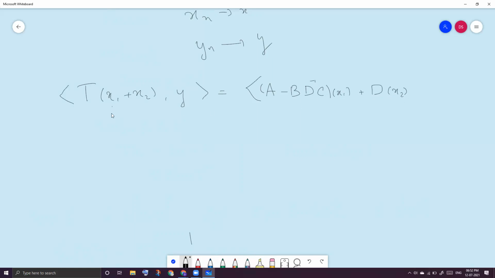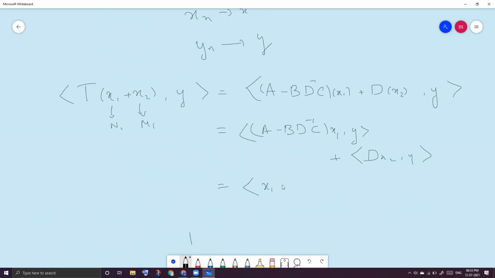Okay, x1 was in N1 and this one was in M1, and y. And this is equal to A minus B D inverse C x, y plus the other term, D h2, y. We can take their adjoint.